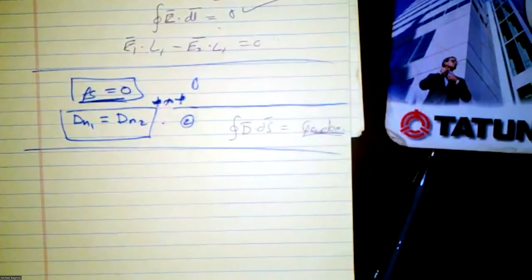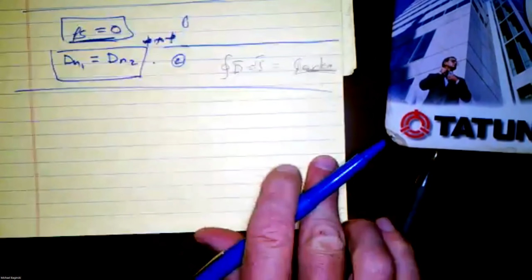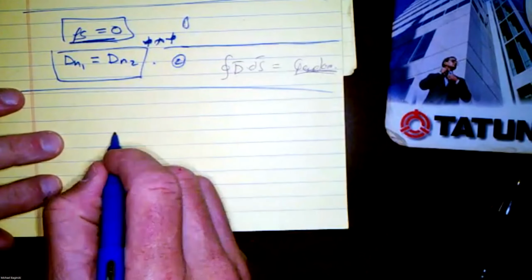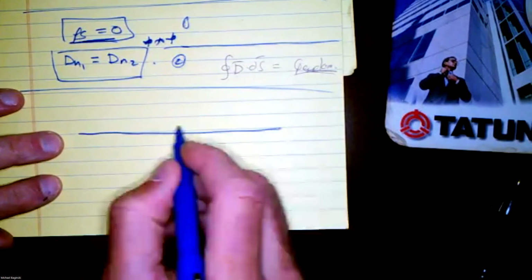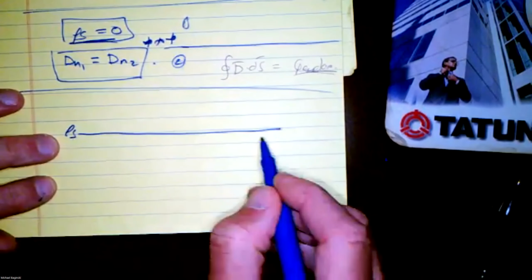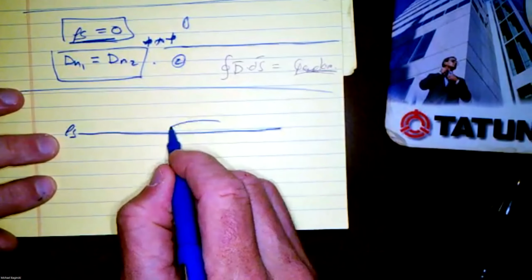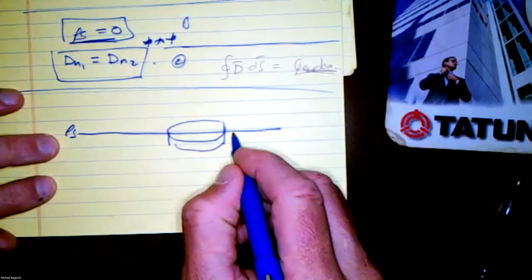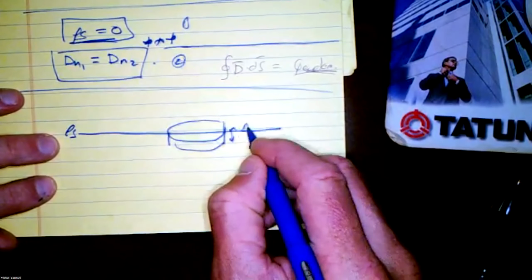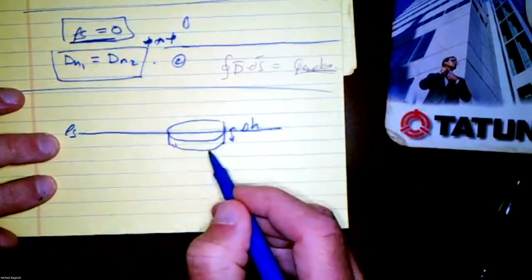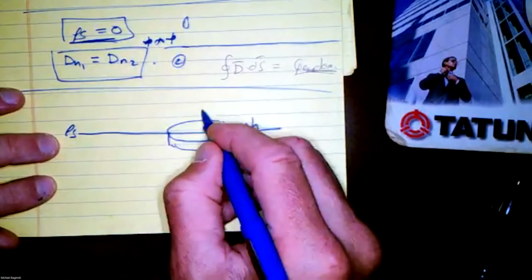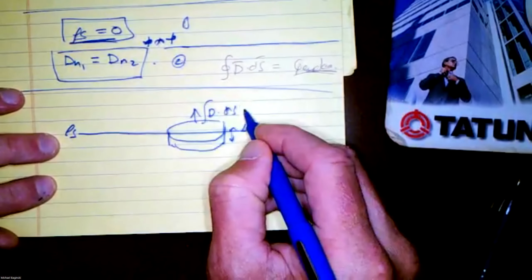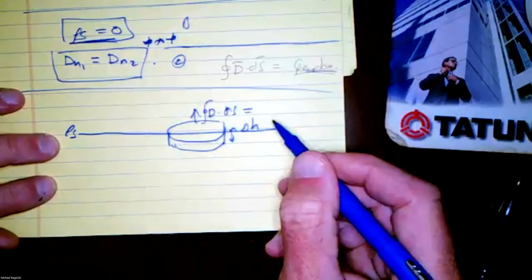Now, if there is a surface charge, and I'll try to draw that, I don't think I can do the proof in a way that's meaningful to you guys, but suppose there is a surface charge. If I make my little pillbox here, if you can imagine that, with some delta H where the same amount is above and below, and you look at the integral of D dot dS over the closed surface, that's the charge enclosed.